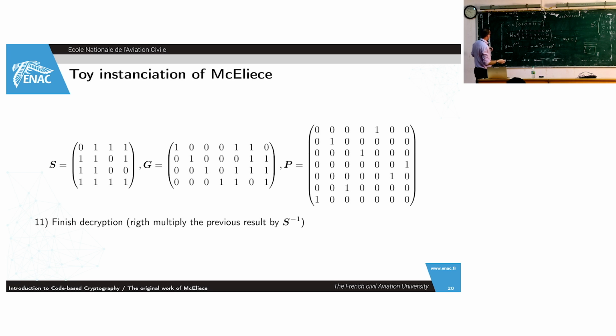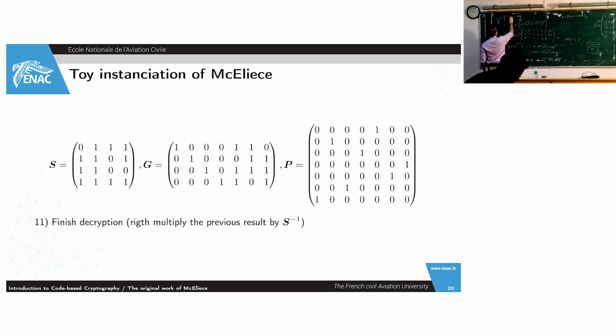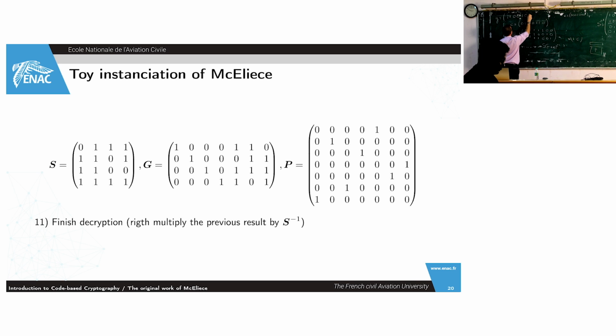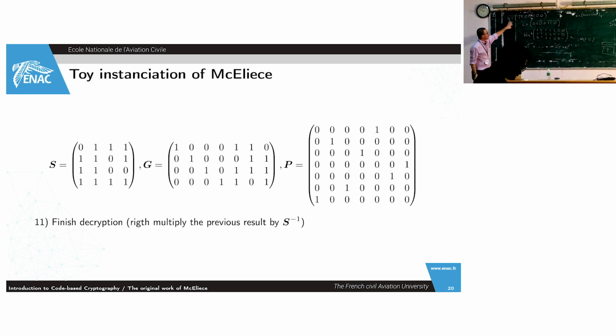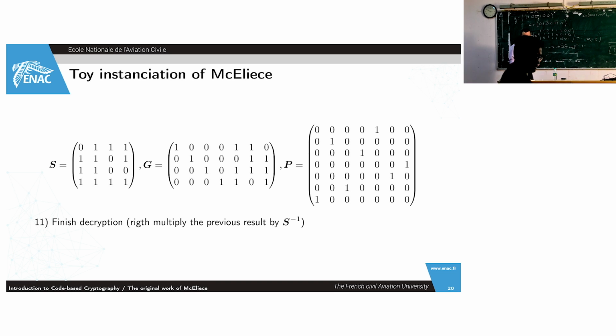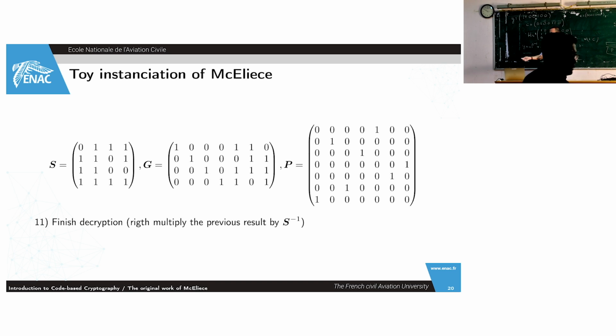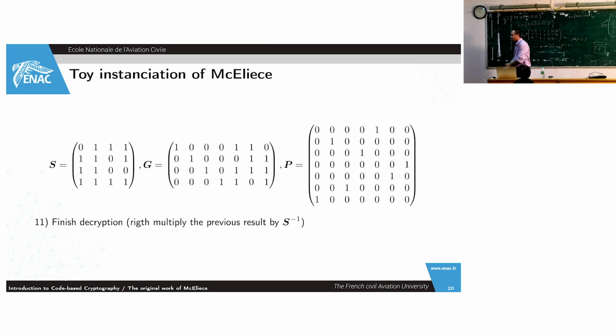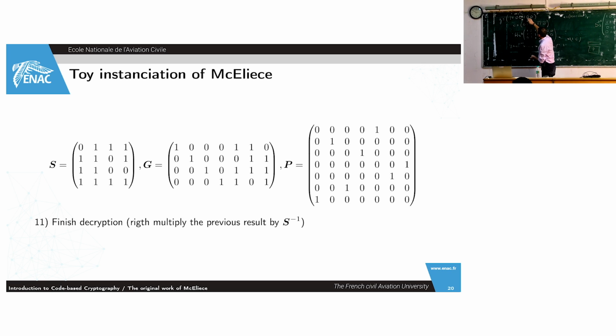And now, oh, I erased Y, sorry. I shouldn't have erased Y. It was 0, 1. Y was this one. So now I want to compute the syndrome of Y. This is what we do when we decode Y. So we compute this vector times this matrix.